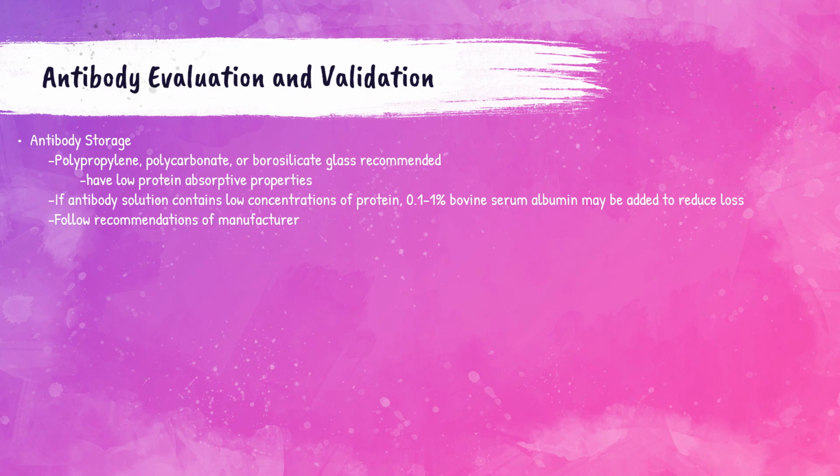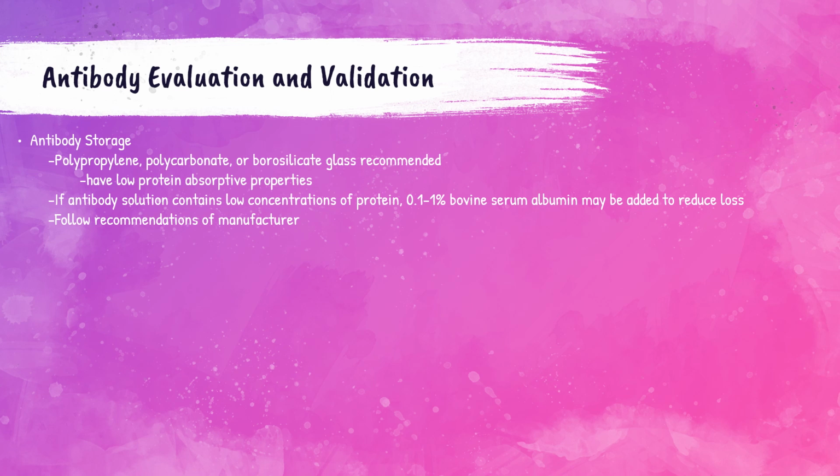Storage of antibodies is important to ensure the antibody works properly and also for economical reasons for the laboratory. Polypropylene, polycarbonate, and borosilicate glass containers are recommended for the storage of antibodies, and this is because these materials have low protein absorptive properties. So it's not going to absorb the protein within the solution.